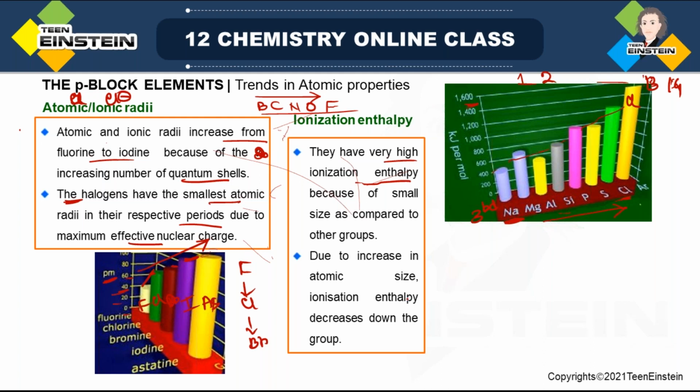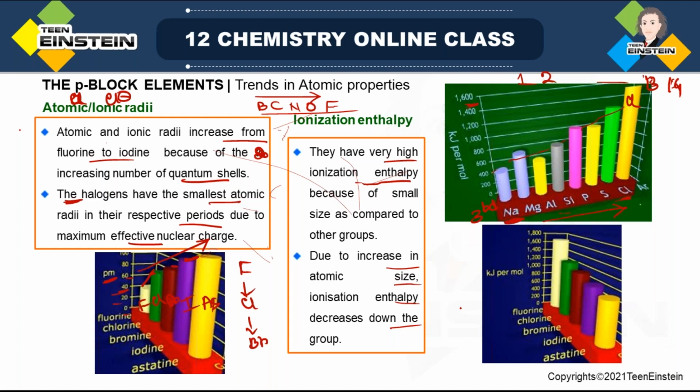But when you are moving down, due to increase in atomic size, obviously ionization enthalpy will decrease. That is a common observation for other groups also. Compare with the size factor: when you are moving from F to Cl, there is a big difference, that means size is highly increased.